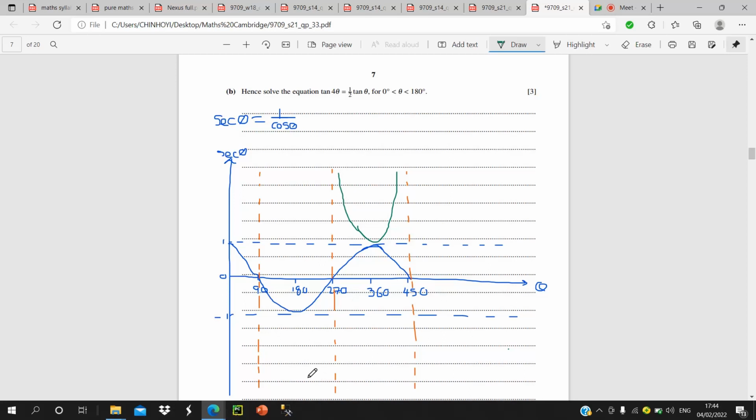And here it will be a minimum. Here it will be a maximum. Then here you have a graph like this, isn't it? Yes. So that green graph is the graph for sec theta.